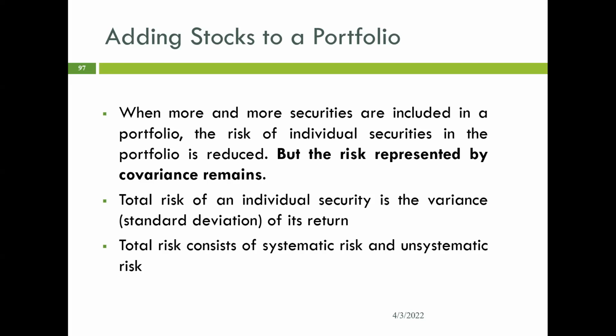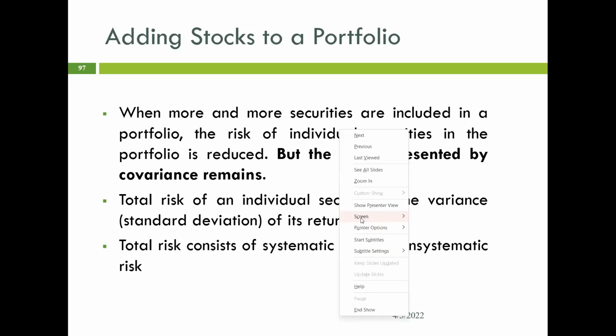But anyway, you need more than that to have a diversified portfolio. When more and more securities are included in a portfolio, the risk of individual securities in the portfolio is reduced, but the risk represented by the covariance remains. This is a very important statement.